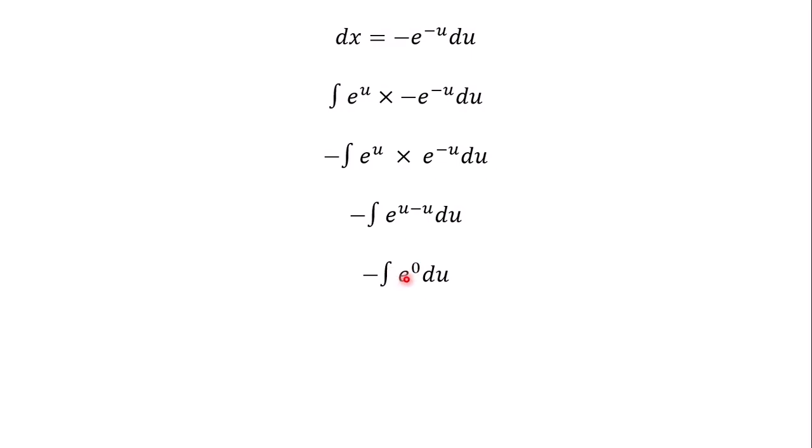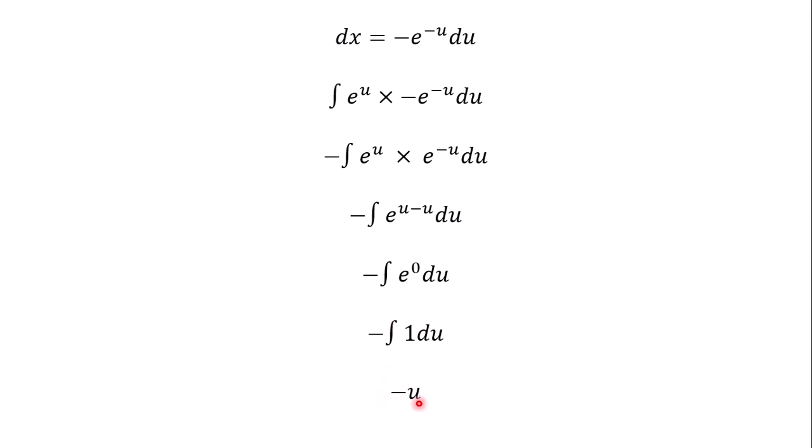Now e to the power 0 is what? 1, because any number or any variable to the power 0 is 1, because it is dividing itself. Now when you integrate 1, we are going to get u. So let's integrate this. When you integrate this one, you're going to get u and then we multiply it by the minus sign here, and that is going to give us minus u.